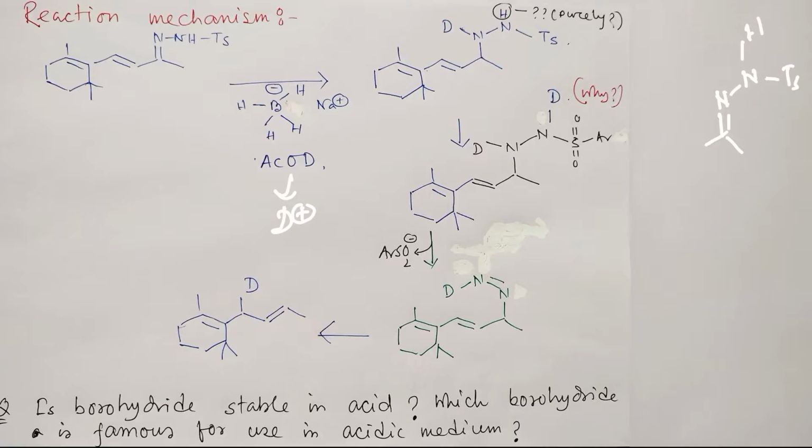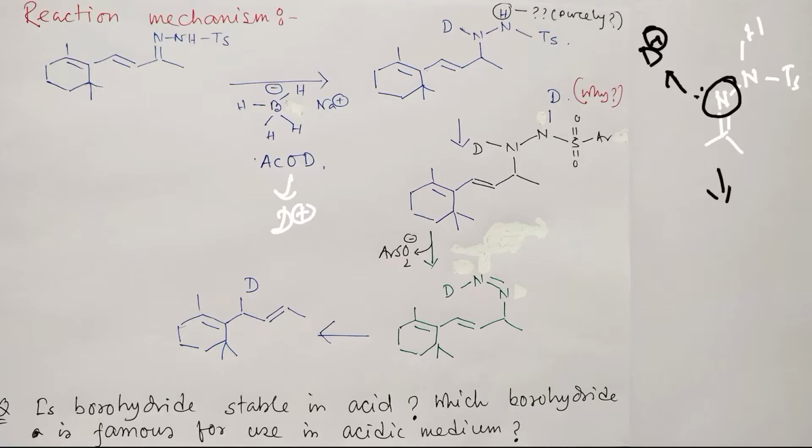So this is actually a tosyl hydrazone. First this can be protonated with D plus, because of the acid base reaction. Now second, after deuteration at this nitrogen, the NH can also be replaced by deuterium.